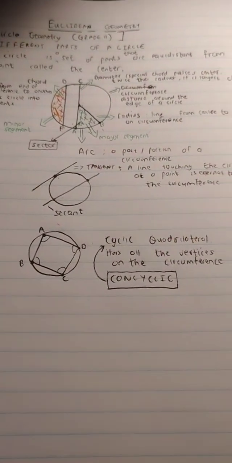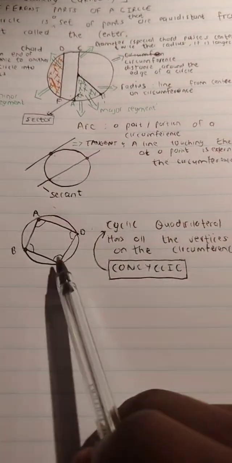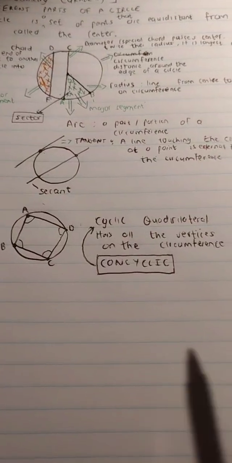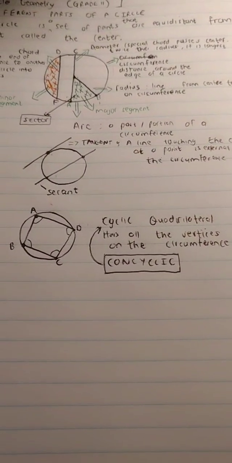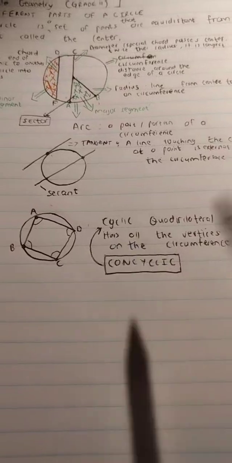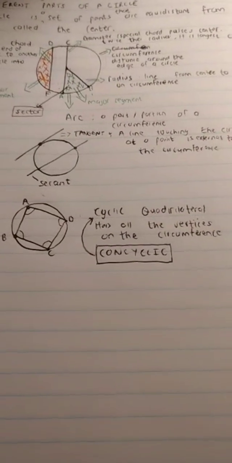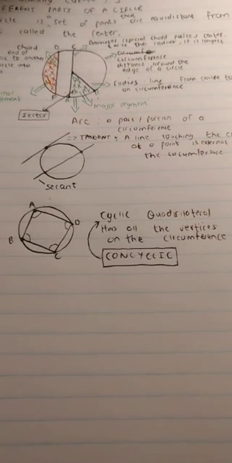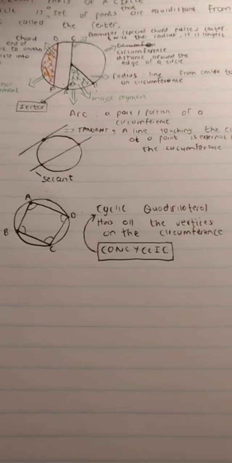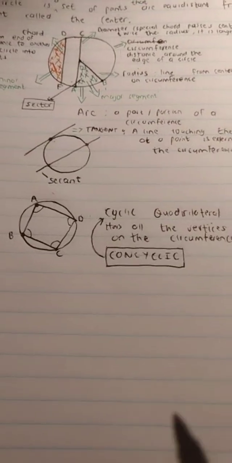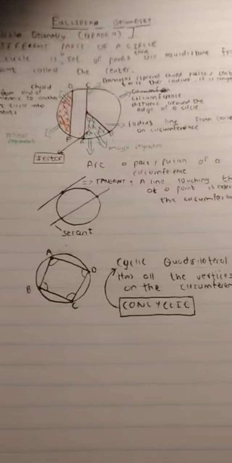So the minute they say concyclic, that has to do with the fact that vertices are found on the circumference of the circle, a four-sided shape that you probably have formed, and therefore we call that a cyclic quad. Another word that is used very popularly is concyclic. The minute you hear the word concyclic, you know it is a cyclic quad, all right? Okay, so guys, this is just the basic foundational work.